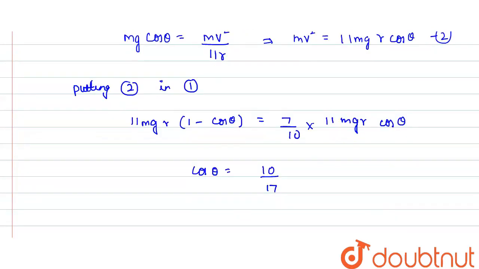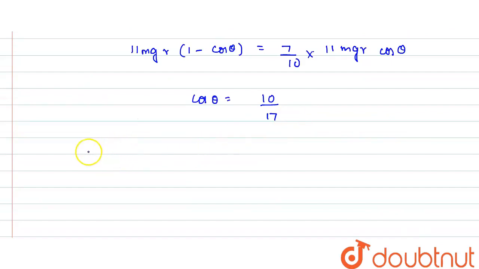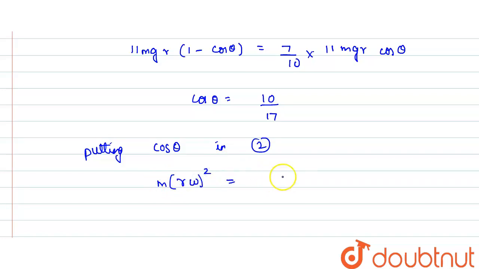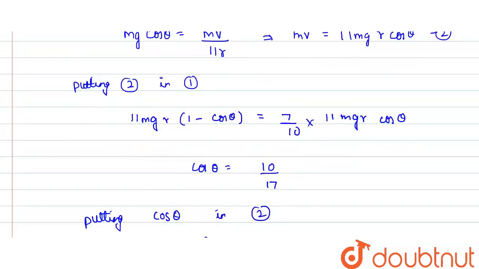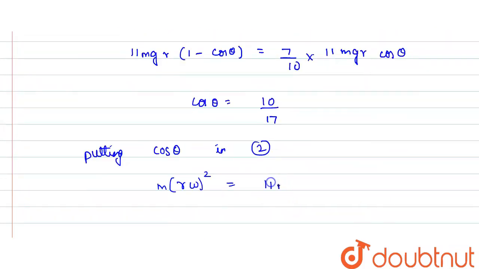So it would be mv square. Putting cos theta in 2, we get mv square, and we can write v as r omega. So m r omega square would be equal to 11 mgr cos theta. So 11 mg into r, then into cos theta.